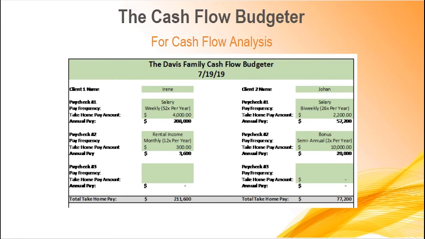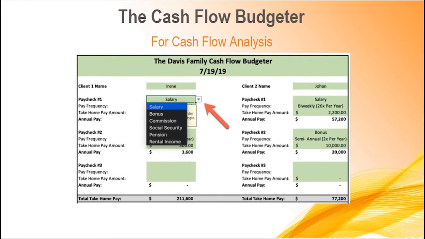So you edit this, in this case, it's the Davis family cash flow budgeter and the date we completed it. And then you can see we have two clients. We have Irene and Johan. Now this is a younger client. They're still working. And what you can see in the first section is we have what their income sources are. In the drop down, you can see, is it going to be their salary?